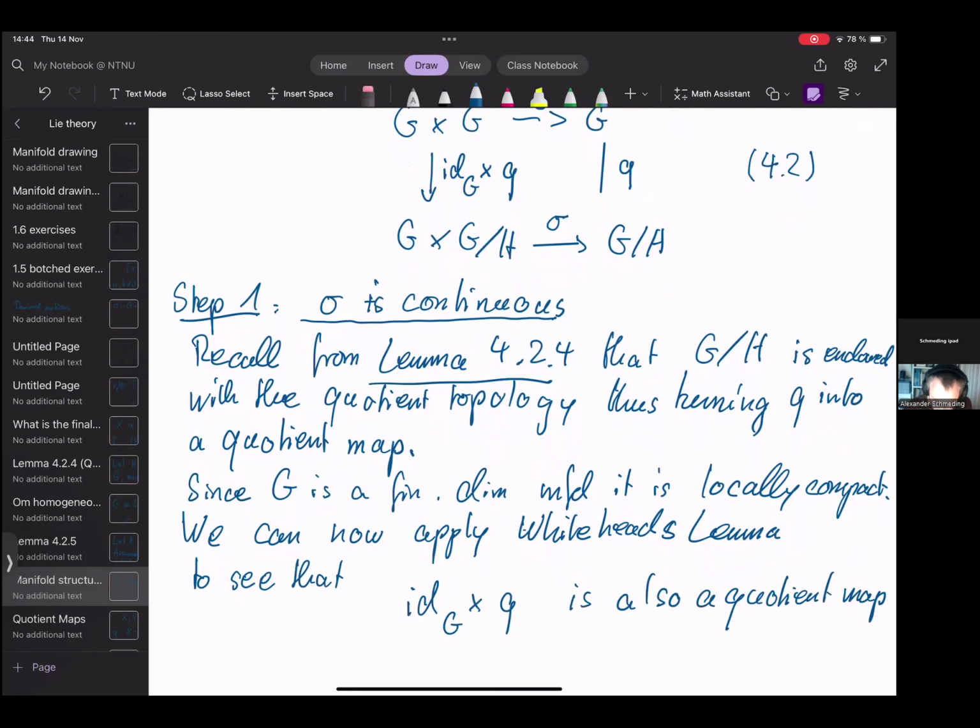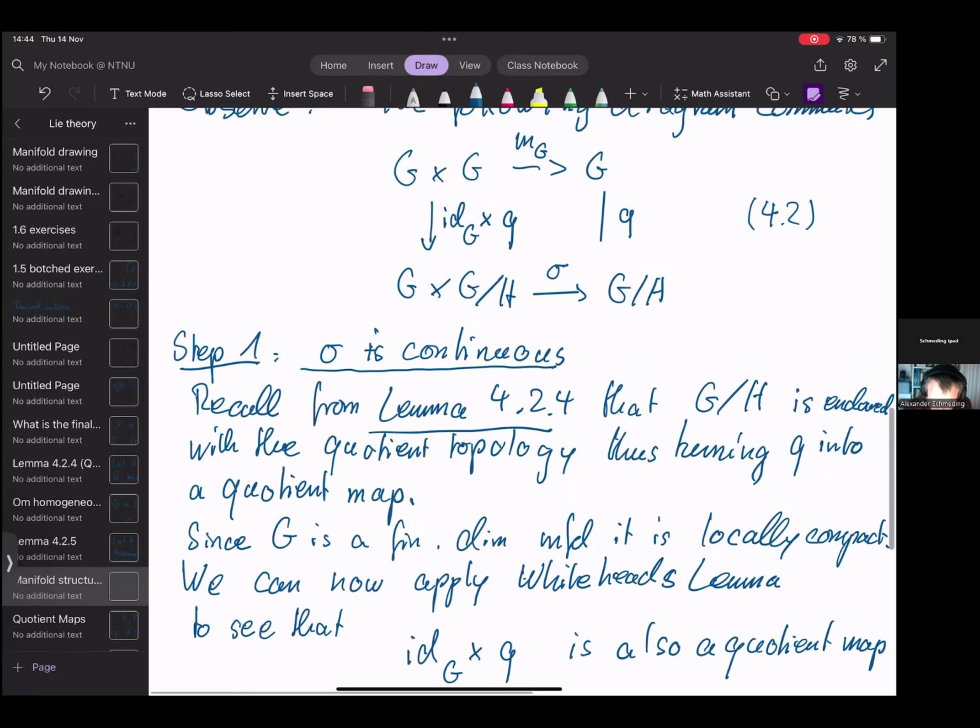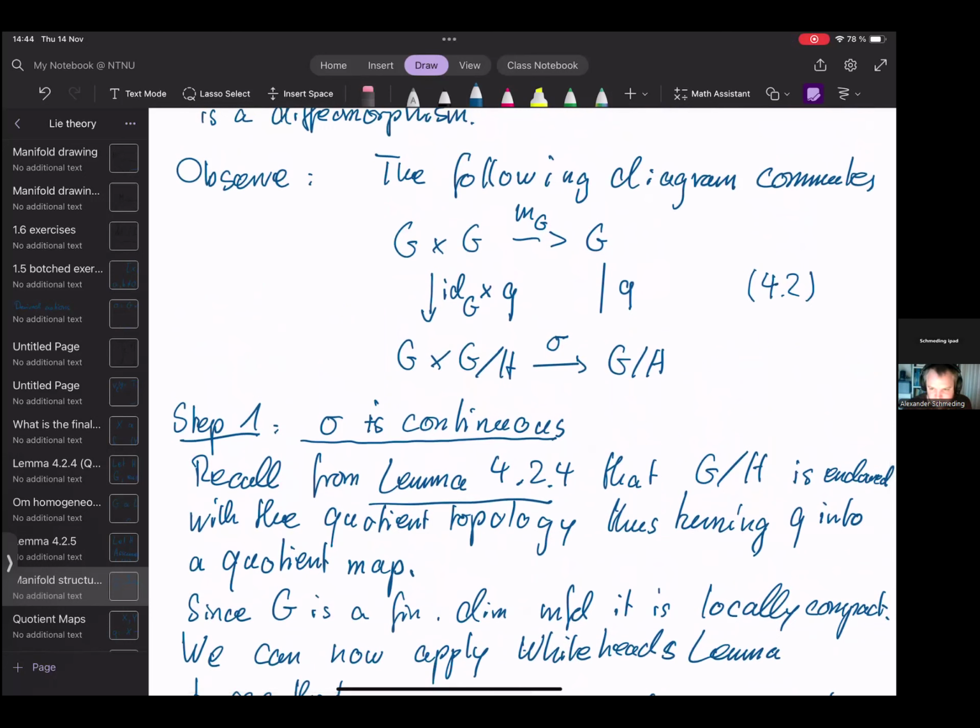Okay. Now what this argument in step 1 shows us is that in the commutative diagram 4.2 we're looking at, both mappings, which are here our vertical mappings, are quotient maps. And we know that the Lie group multiplication is, in particular, continuous.